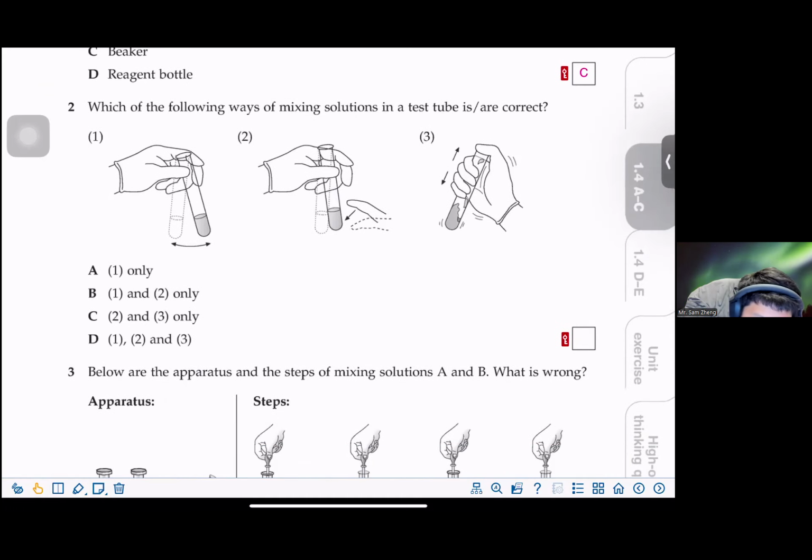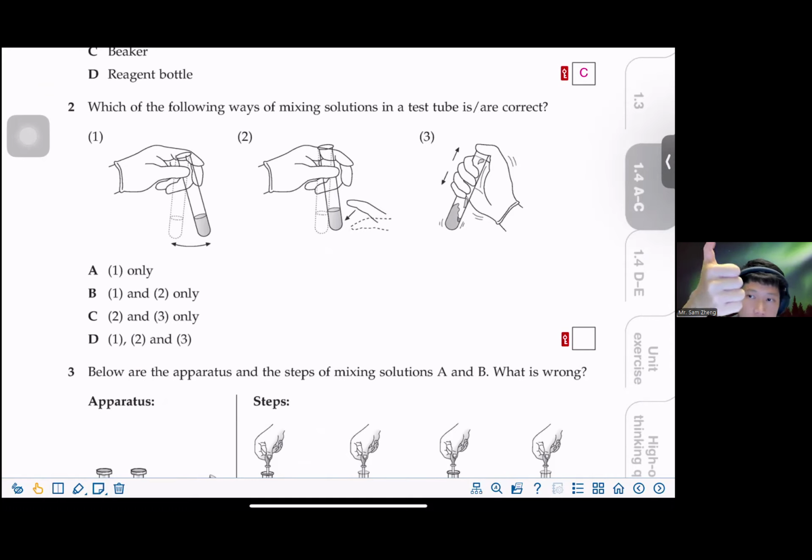Next, which of the following ways would be a correct way of mixing a solution in a test tube? Definitely we can tap the bottom of the test tube to see whether there is any mixing of the solution. And apart from that, we can gently shake the test tube. This would also be one of the ways for us to mix the solution correctly.